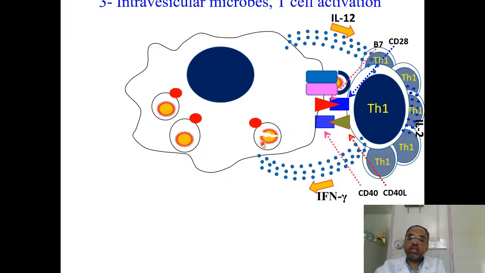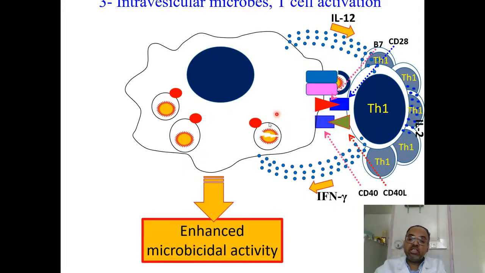It had phagocytosed something which was hard to kill by phagolysosome formation. Now T cells have arrived, and under the influence of interleukin 12, they have differentiated to T helper 1, and they are producing interferon gamma as well as this molecule. So it changes stuff inside the macrophage and enhances its microbe killing activity.